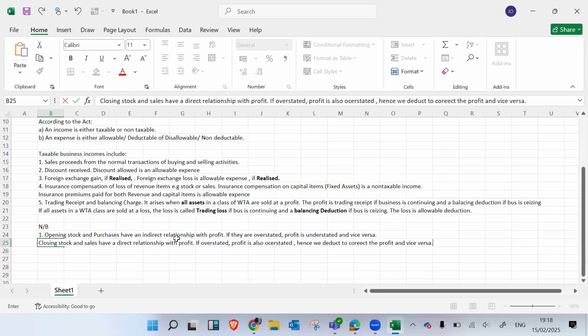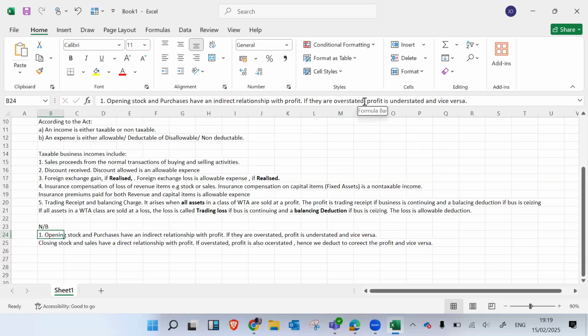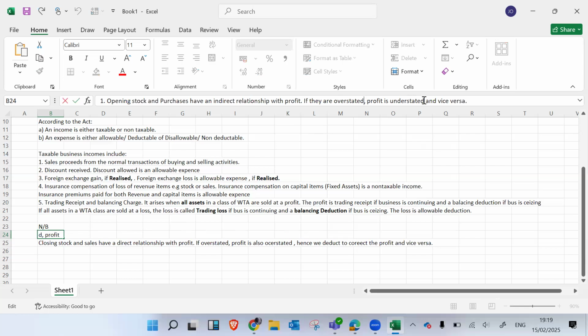If they are overstated, profit is understated. And if the profit is understated, meaning reported profit is small, we add back the understatement. We add back the overstatement.